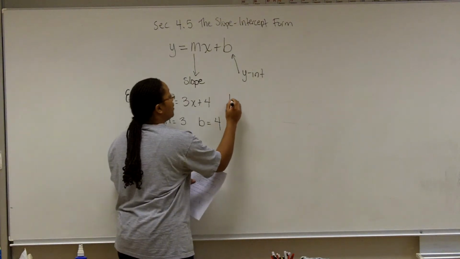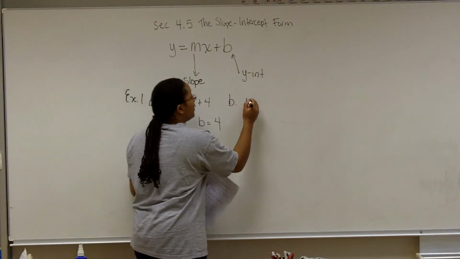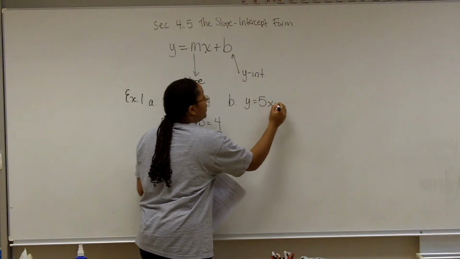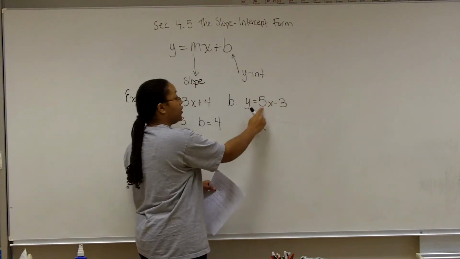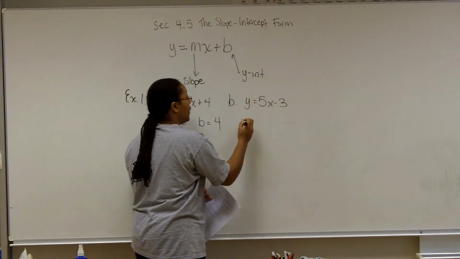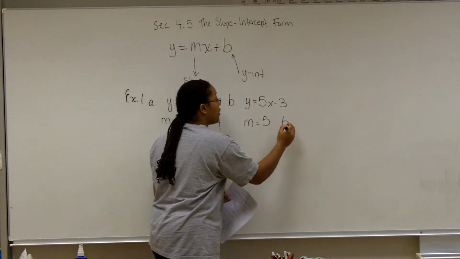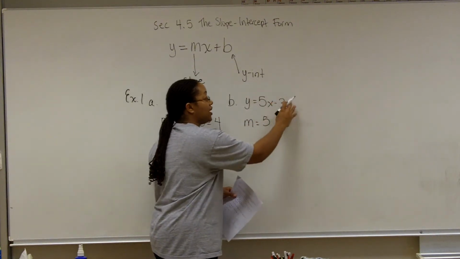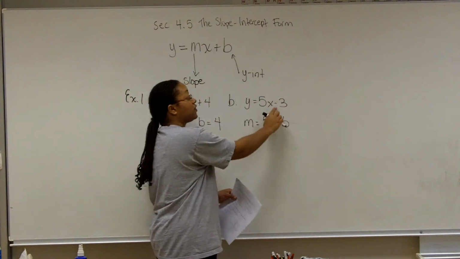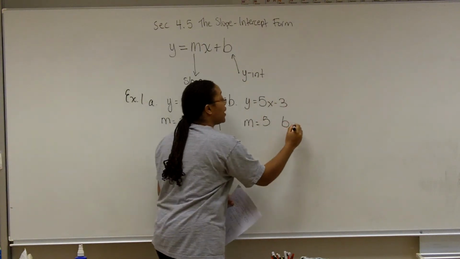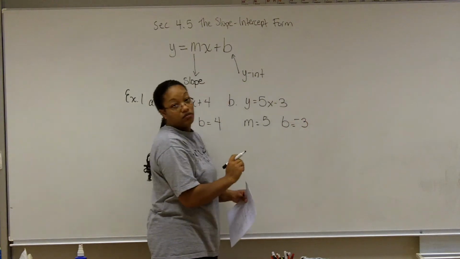Same thing for letter B. y is equal to 5x minus 3. So here's my coefficient of x. That's my slope. My y-intercept, you've got to remember, is not just 3. It's whatever sign is in front. So your y-intercept is negative 3.